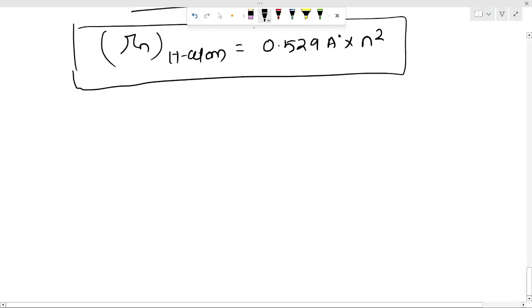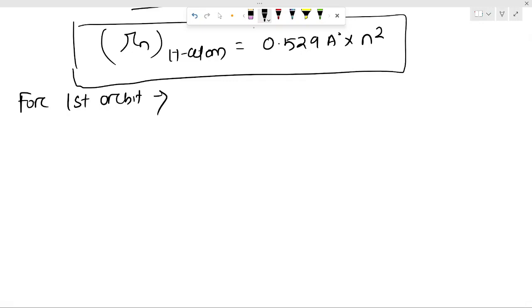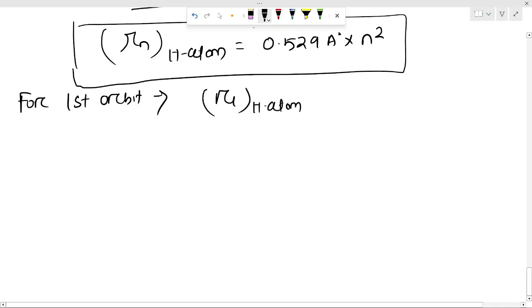So for the first orbit, R1 for the hydrogen atom is 0.529 Armstrong itself.